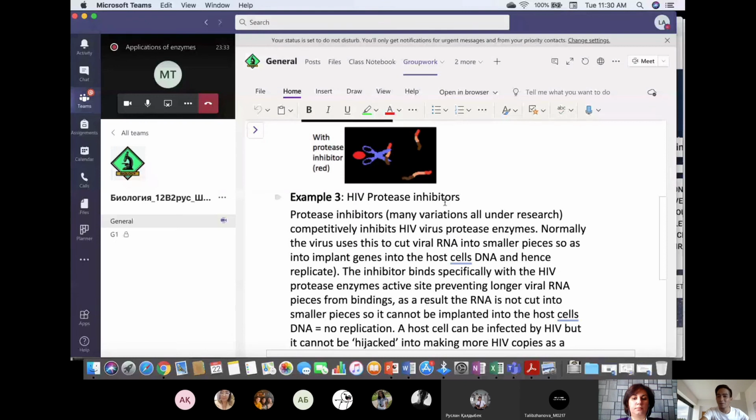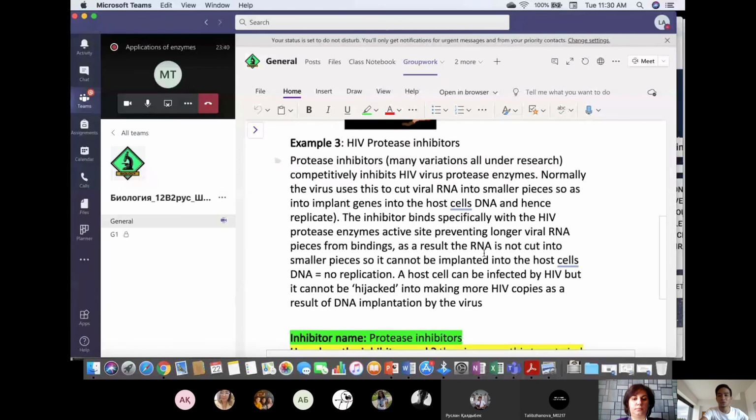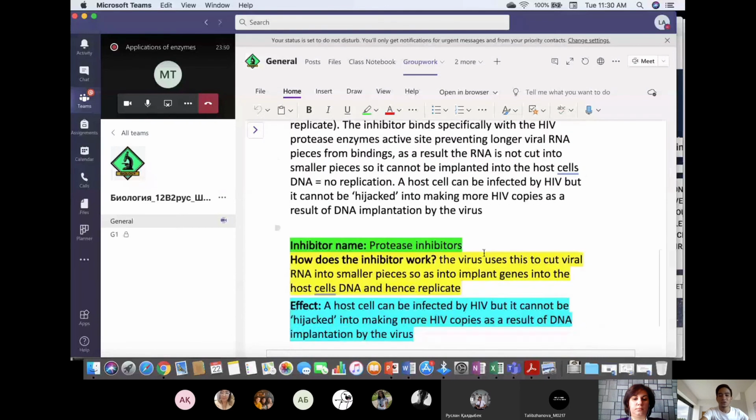That protease inhibitor will not allow the protease to become active, which would allow the viral DNA to be reproduced. So the effect is a host cell can be infected by HIV, but it cannot be hijacked into making more HIV copies as a result of DNA implantation by the virus.